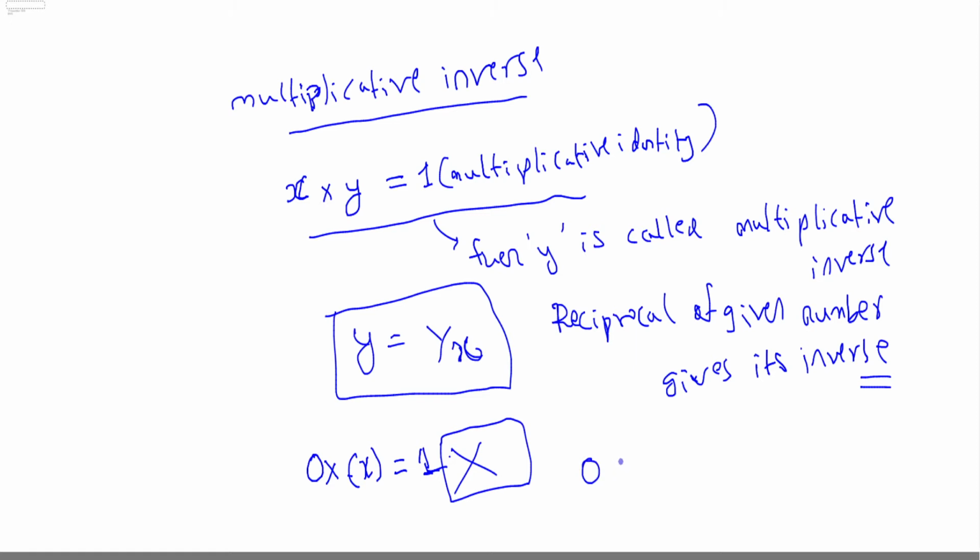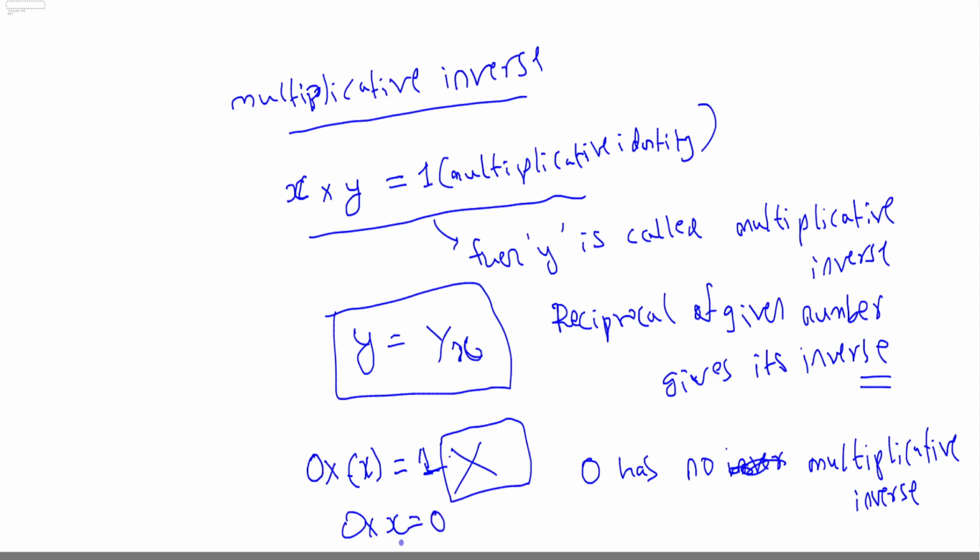Therefore, 0 has no multiplicative inverse. Please understand. Because 0 into x is equal to 0 only. This is all about the multiplicative inverse.